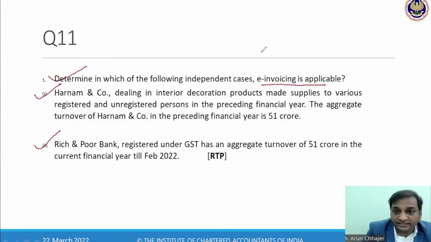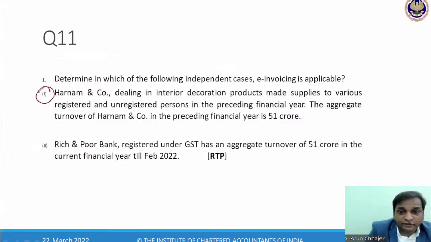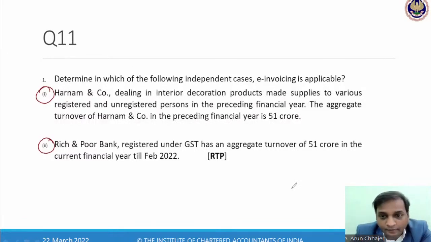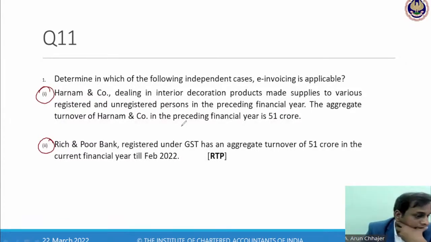So tell me your answer, whether in this case e-invoicing is applicable or in this case e-invoicing is applicable, or in both cases it is applicable. In the preceding financial year.